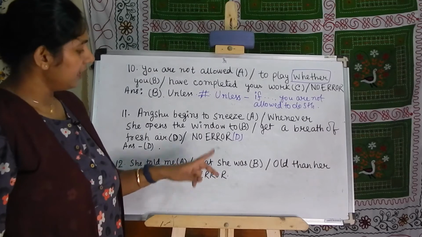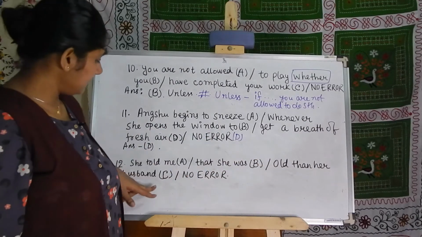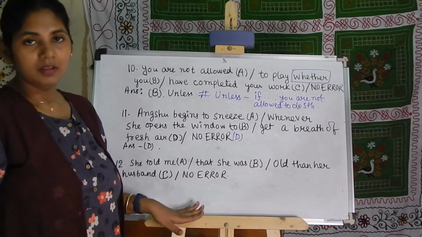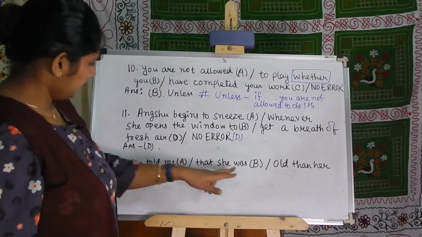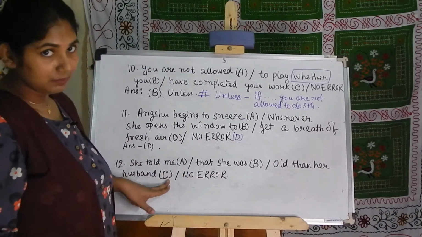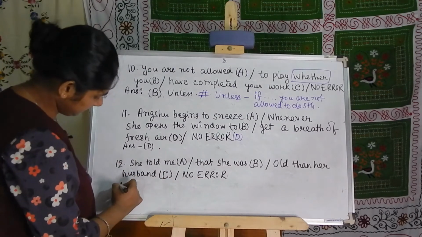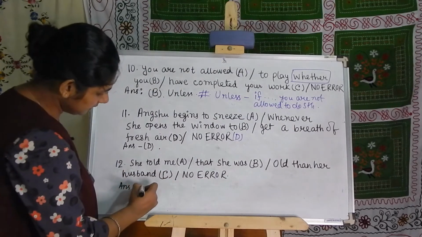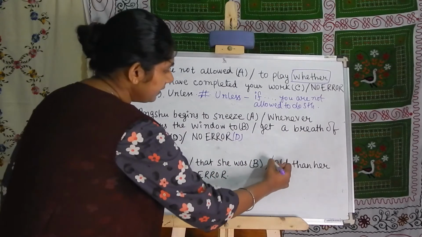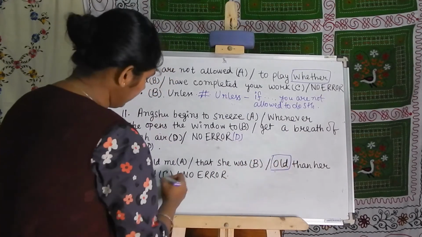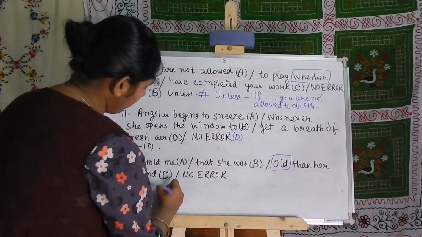She told me that she was old than her husband. Which one is the problematic part? Part number C. So answer is C. And instead of old here, you have to use older.